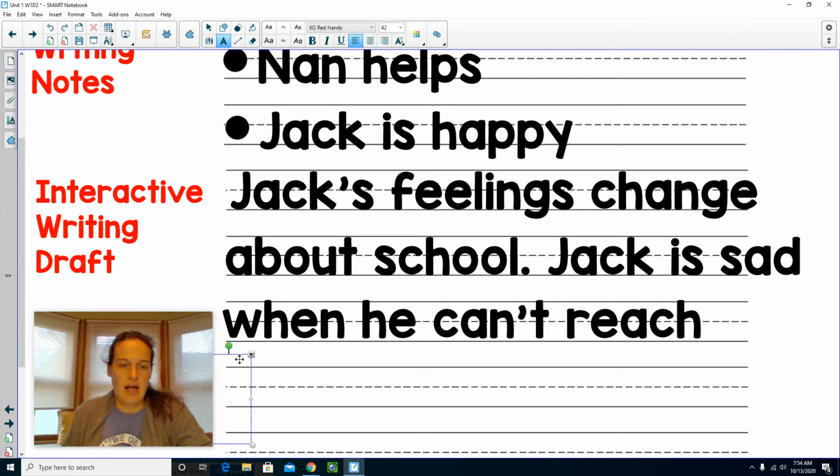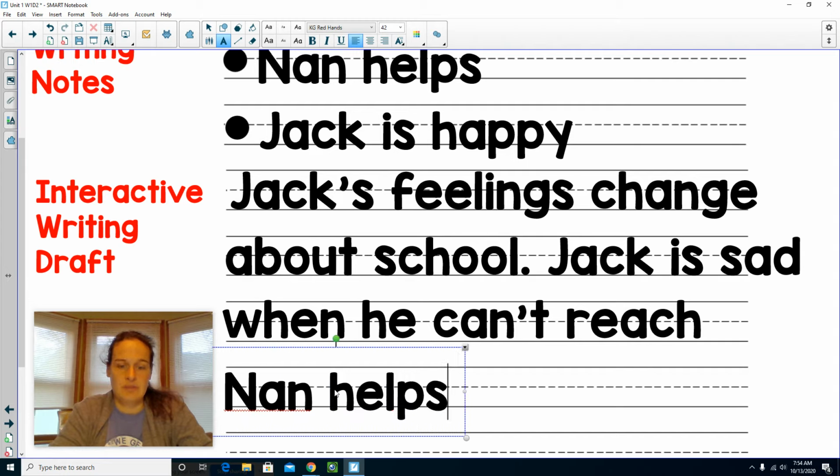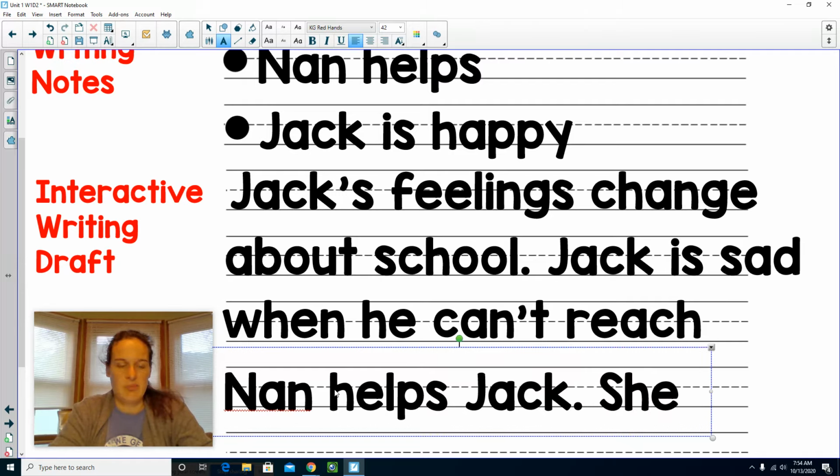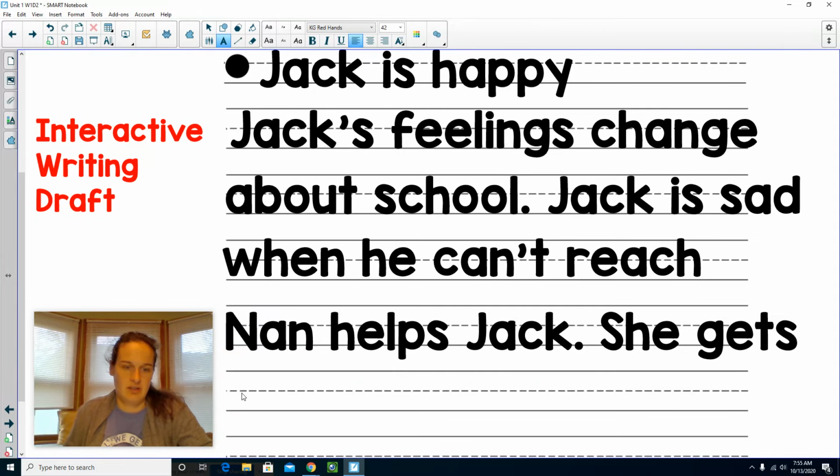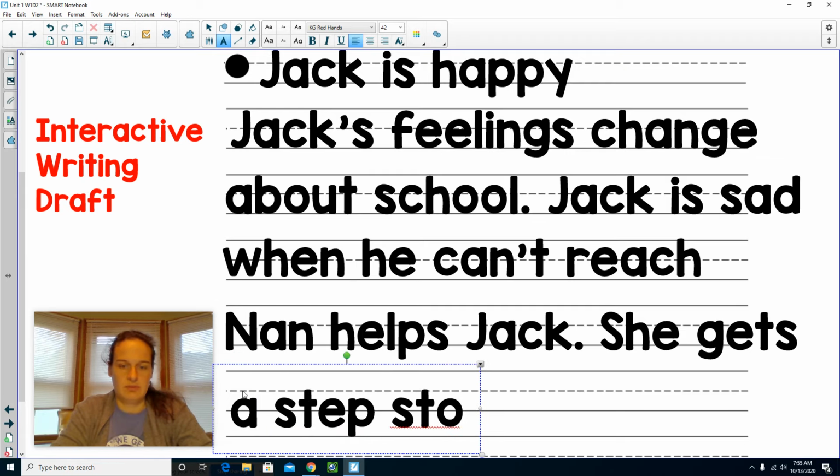So what helps Jack so he can reach? Well, Nan helps Jack. What did she get him? She gets a step stool. She gets a step stool for him.